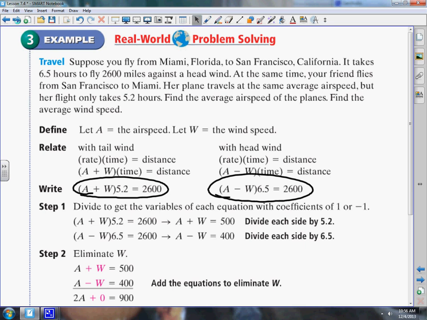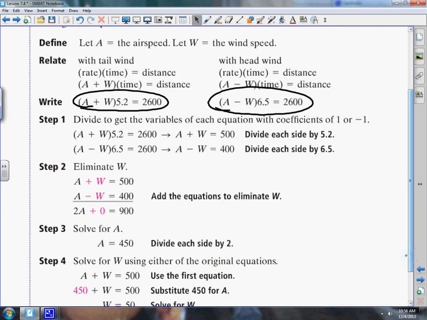So then, to solve these two, they're going to use elimination. So eliminate W because one's plus W and one's minus W. What they did is they solved for just having an A and just having a W. So they really divided both sides by 5.2, not distributed.